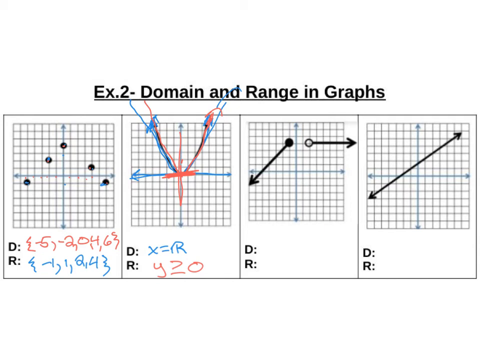And then we look at this third graph, and things get even a little bit trickier, because now we got some gaps. If we look at our domain on our x value, it's everything over here, but then stops right here. So if we look at that -1, the first thing we can tell about our domain is it can be less than or equal to -1. The problem is it is not in between these two values.